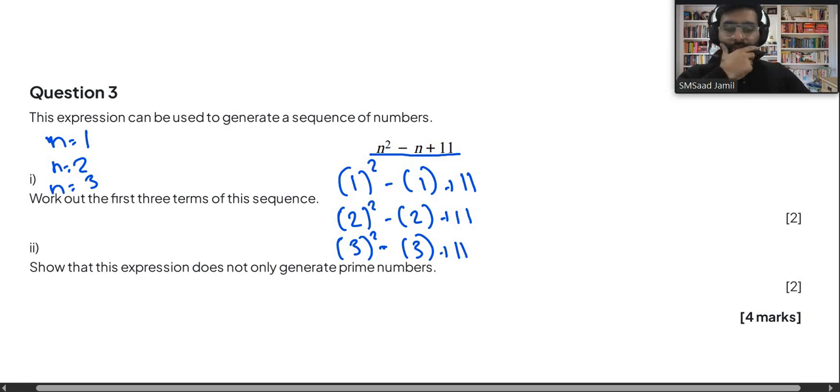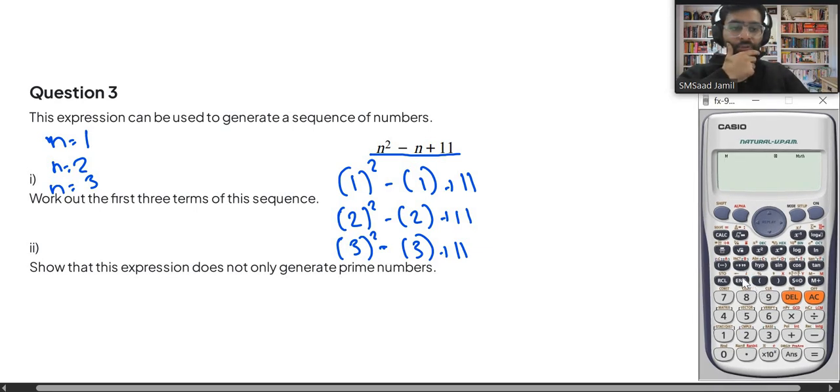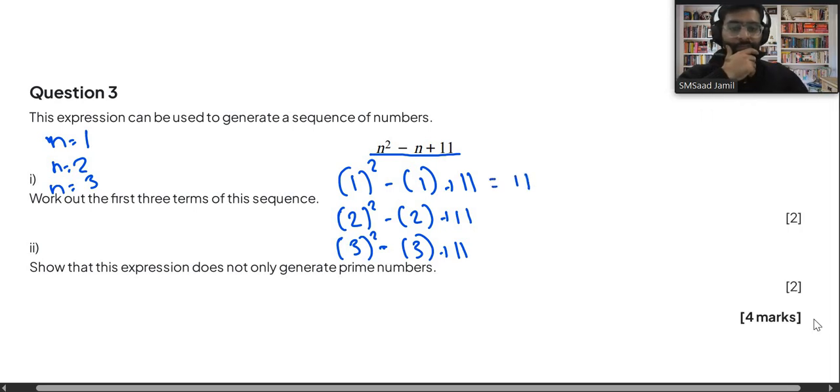So let me take out my calculator now. So over here I will do 1 squared minus bracket 1 plus 11. So the first answer is 11. So the first term is 11.